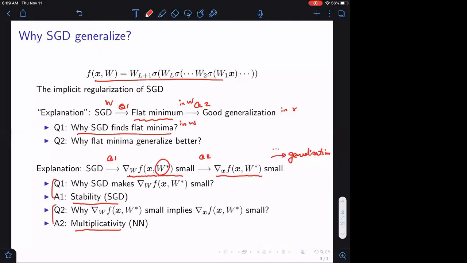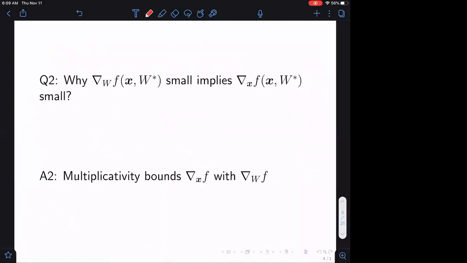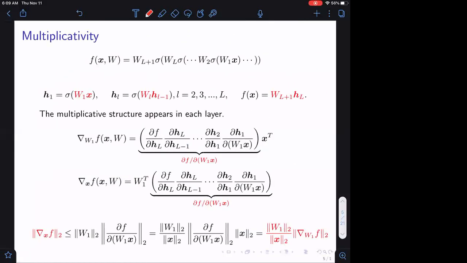Okay. Now I will do it in a slightly reversed order. I will explain and answer question 2 first. Let me remind you, question 2 is: why does a small W gradient of my model function at W star imply a small gradient in X, the input variable, at W star? Here I'll explain what I mean by multiplicative structure.